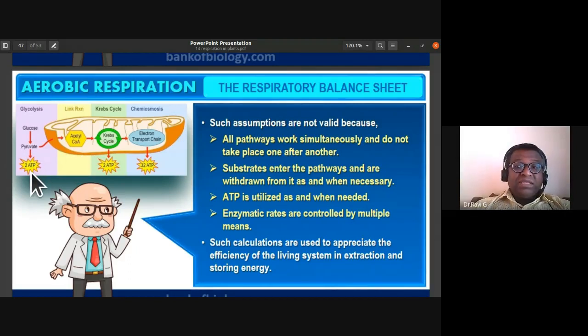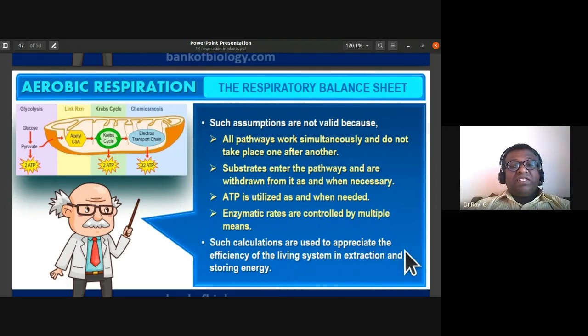ATP is utilized as and when needed. They are not all accumulated to form 36 ATP; that doesn't take place in nature. So the enzymatic rates are controlled by multiple means.